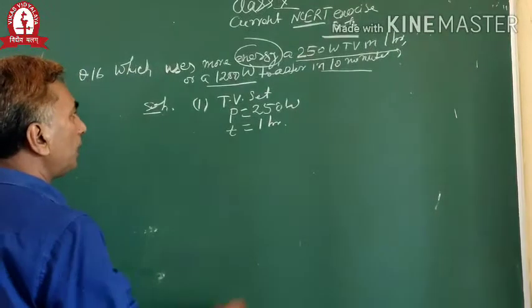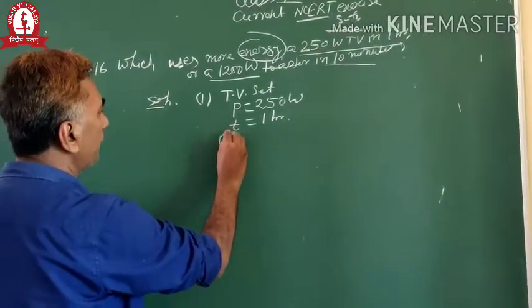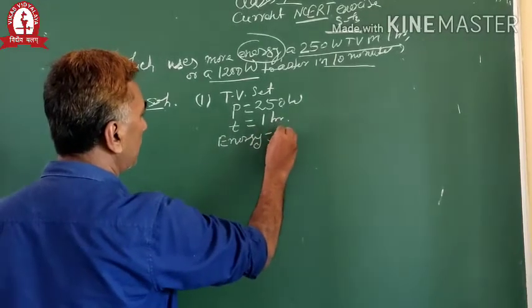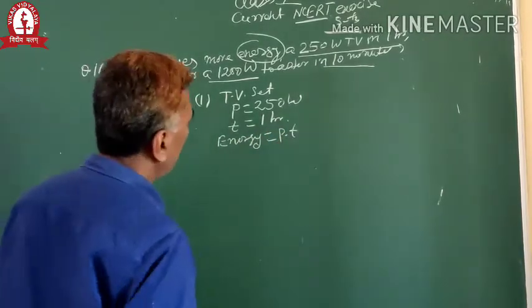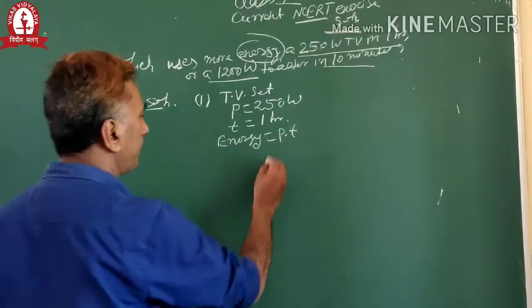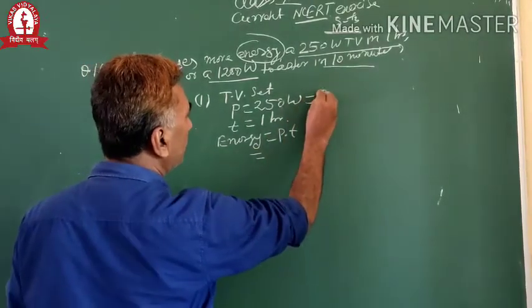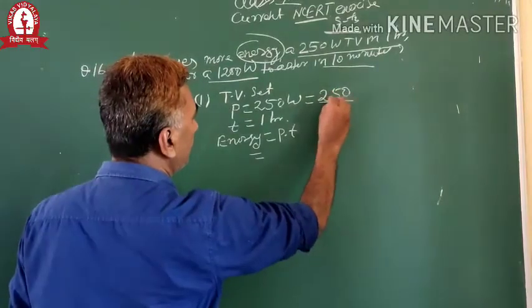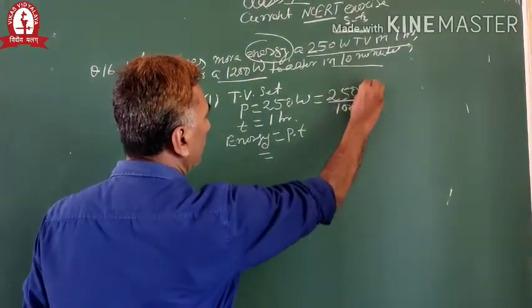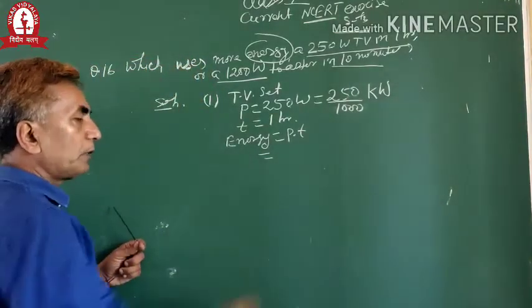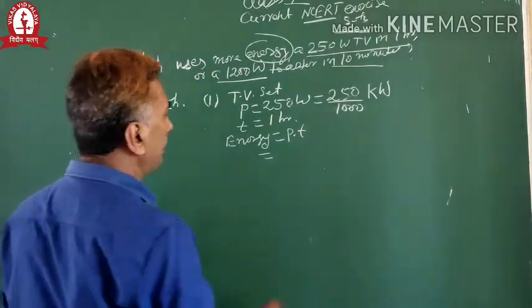The formula to calculate the energy is very simple: E is equal to P into T. Here 250 watt, better to convert it into 250 by 1000 kilowatt. Now put the value of P and T.